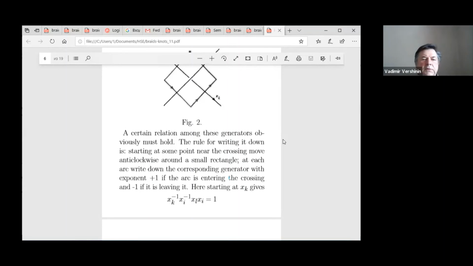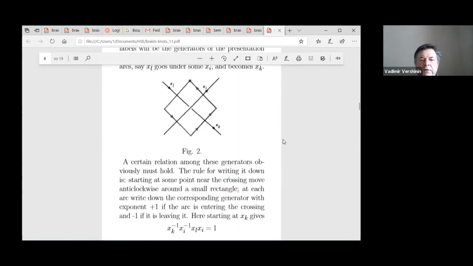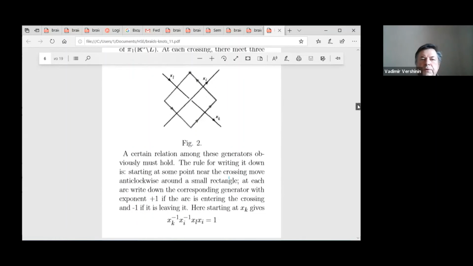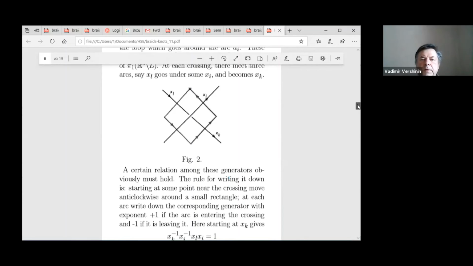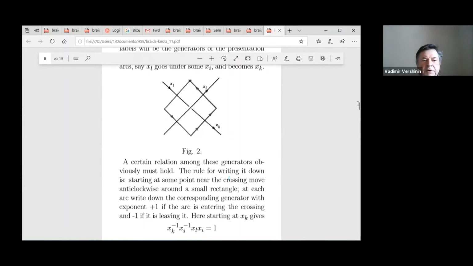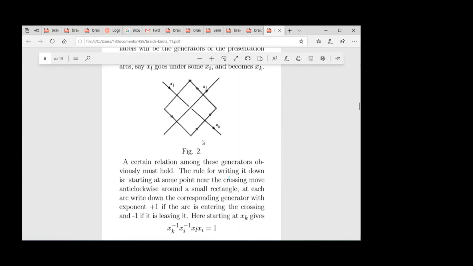I need that you should see both, this thing and the relator. You see the relator here? Yes.